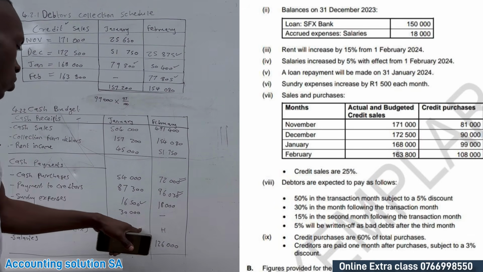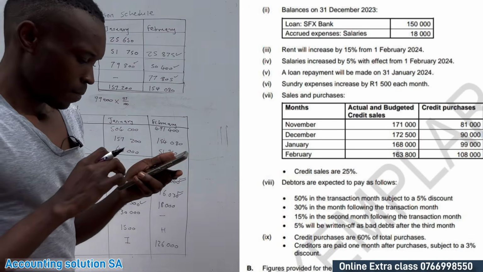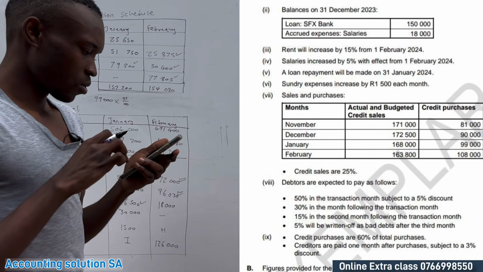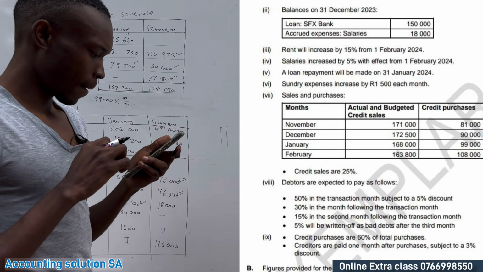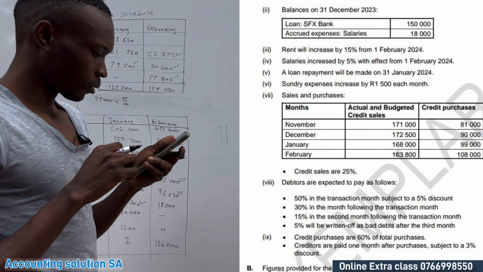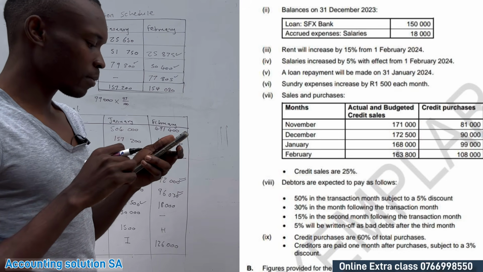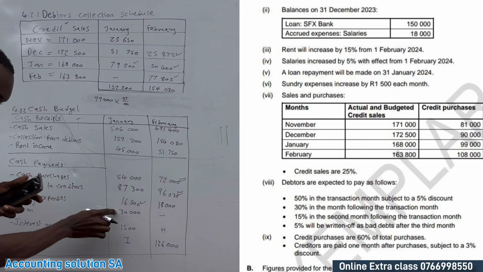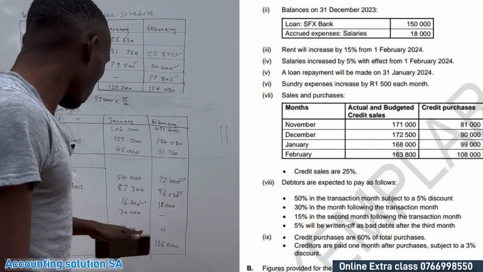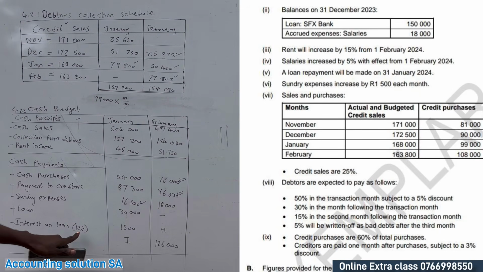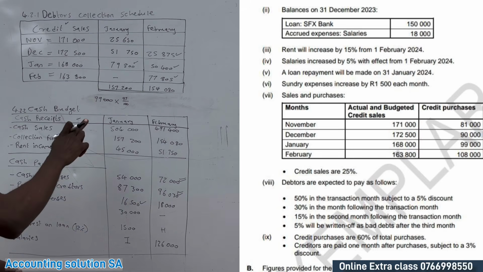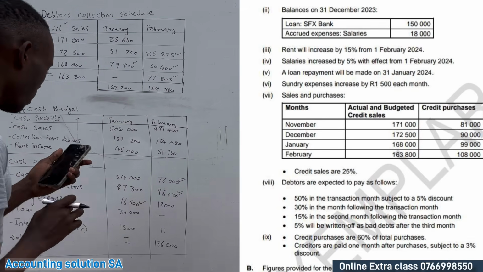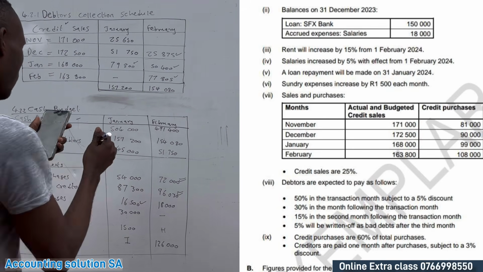Then interest on loan, number H. Okay, if you check interest on loan, they say that a loan repayment will be made on 31 January. There it is, they record it. Then now we have to calculate interest on loan of 12%. How are we going to calculate this? Remember the loan that we have at the beginning, it was 150,000.